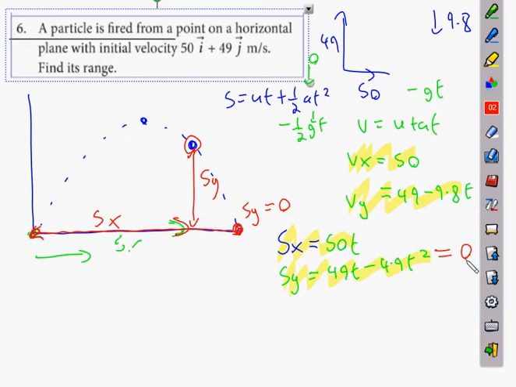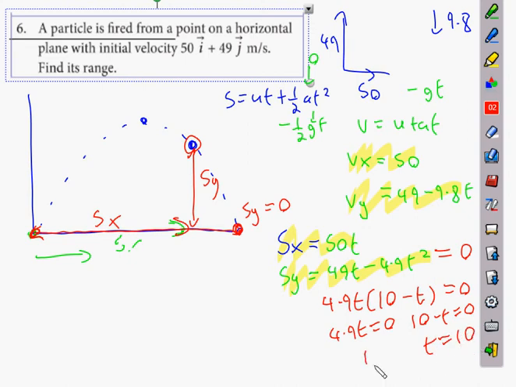Then we can just factorize it here, no real hurry on that. We'll take out 4.9t, that's 4.9t times (10 minus t) equals 0. Either 4.9t equals 0, or 10 minus t equals 0, so t equals 0 or t equals 10. t is not equal to 0 because that's referring to when you took off, not when you landed 10 seconds later.